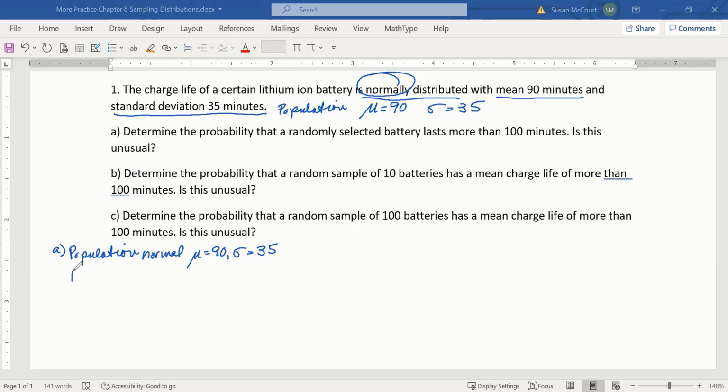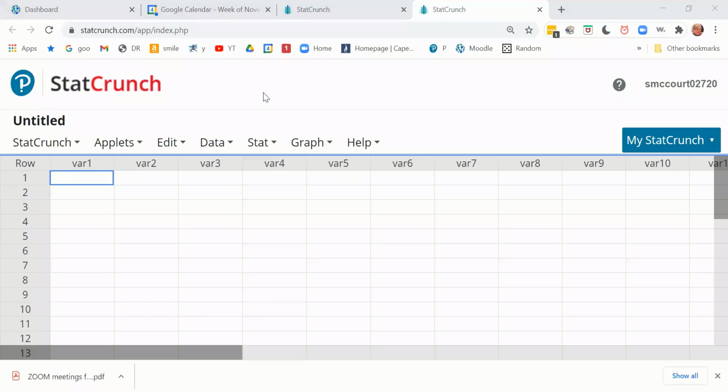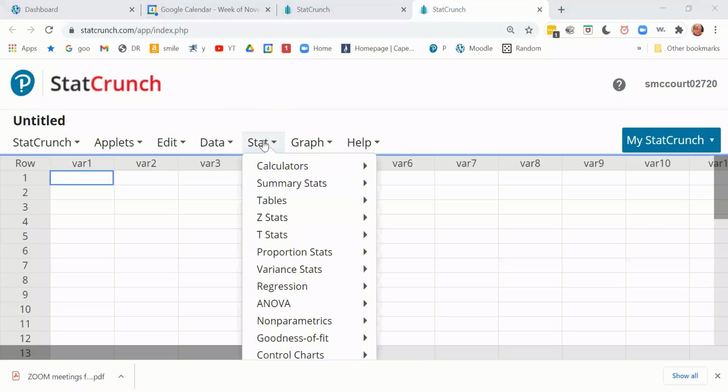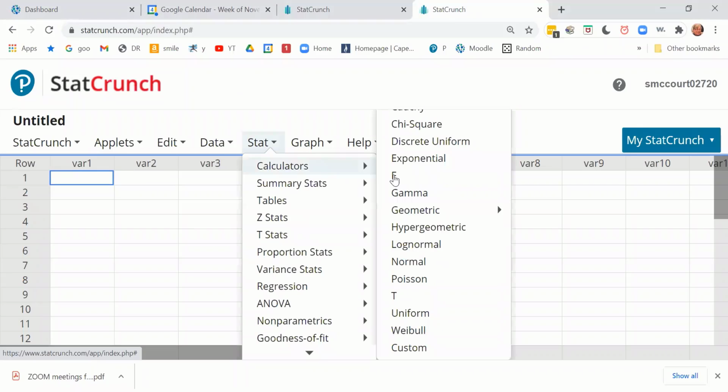And we're asked the probability that X is more than 100 minutes. So we're going to use the StatCrunch calculator.